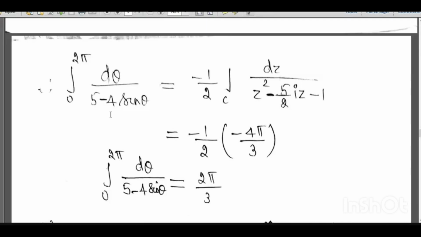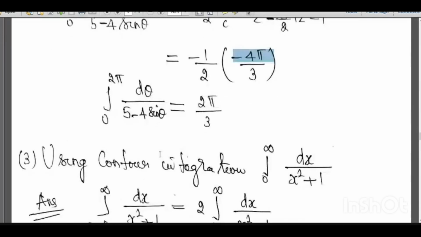You can write this as minus 1 by 2 into minus 4 pi divided by 3. So the integral from 0 to 2 pi of d theta divided by 5 minus 4 sine theta is equal to 2 pi divided by 3.